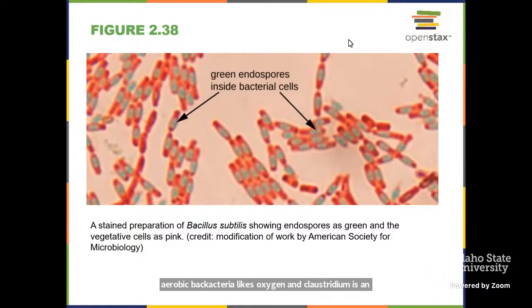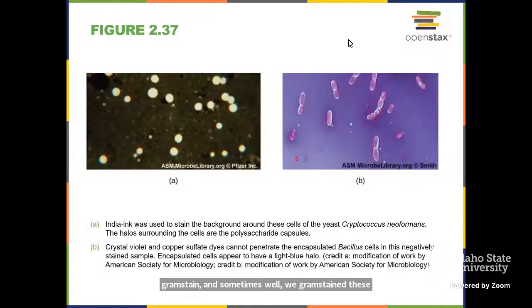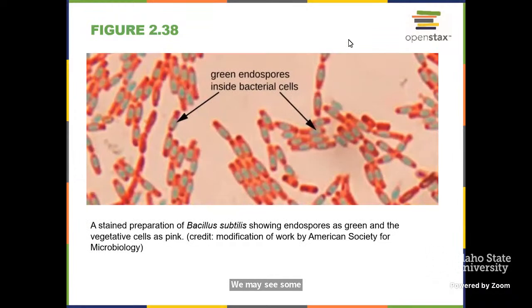But they would both appear gram positive under a gram stain. And sometimes when we gram stain these bacteria, we may see some hints, little hollow bits inside of them that might make us think maybe that's a spore, right?